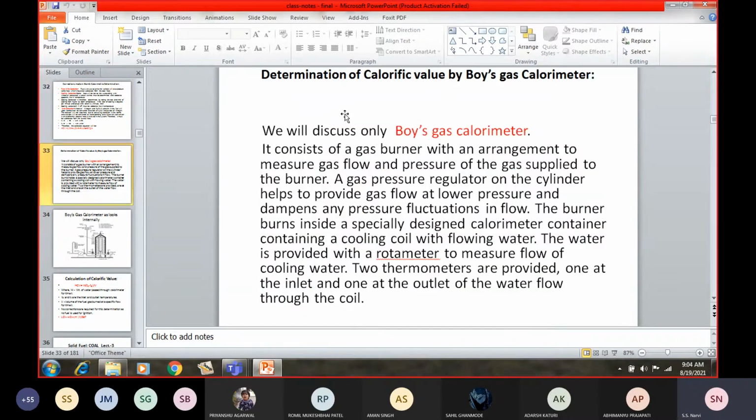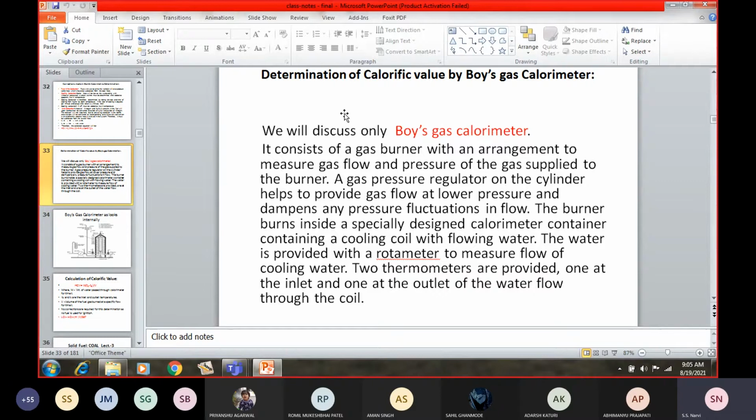Now, coming over to the Boyle's gas calorimeter, before we start this discussion, let us be very clear that whether it is Boyle's gas calorimeter or a Bohm calorimeter, in both these methods, we are bringing the product of combustion to room temperature so that the water vapor gets condensed back to liquid water, and therefore the latent heat of condensation of steam is added into the determined calorific value.